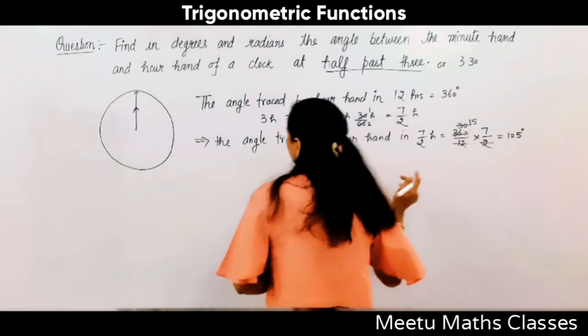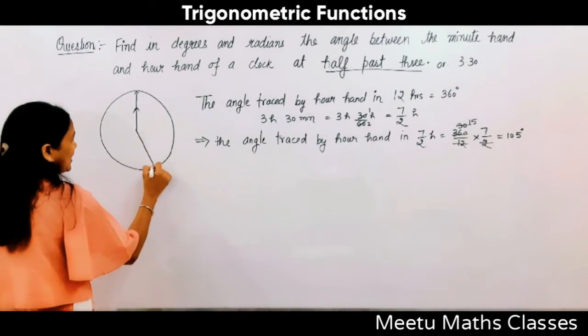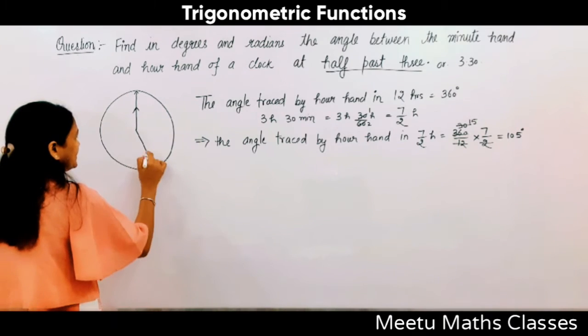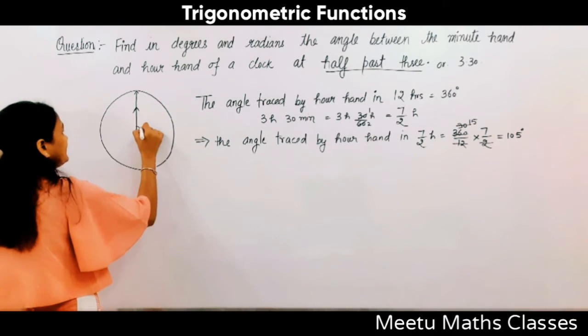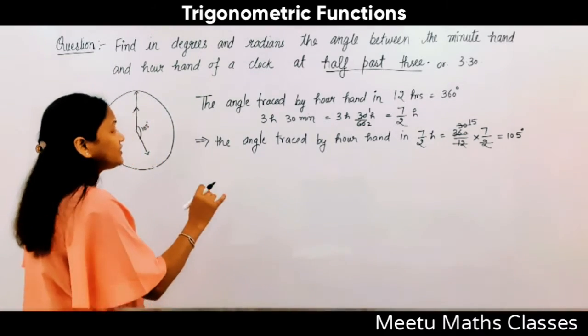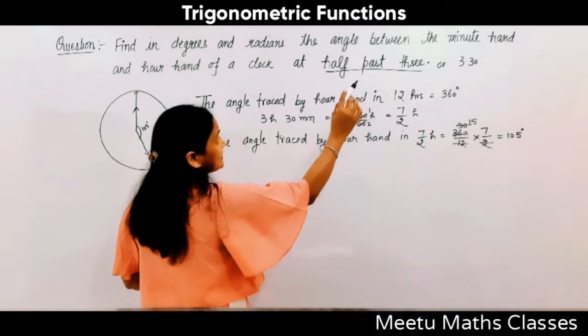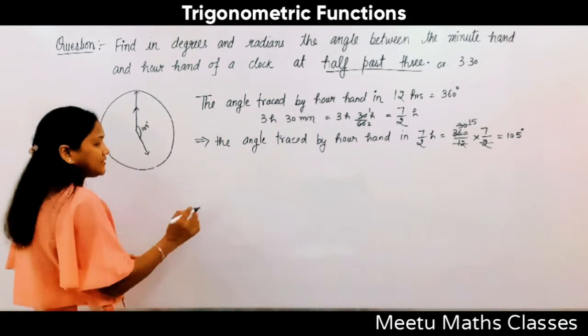So the angle traced by the hour hand will be 105 degrees. Okay. Now we will see what will be the angle traced by the minute hand in 30 minutes.